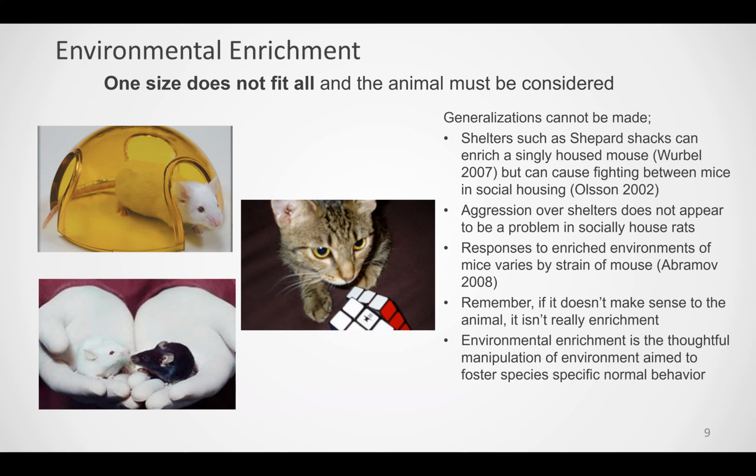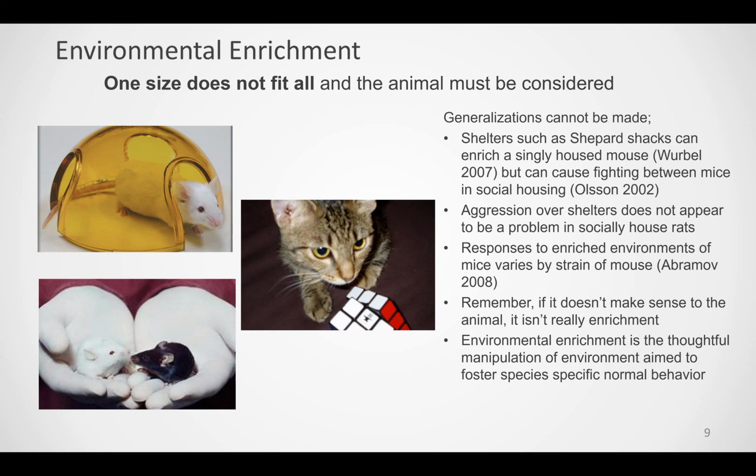Then we have other strains that if you have just one igloo in there with those strains, what will happen is they'll be fighting over it. So it doesn't work out well unless you provide more than one of those type of igloos or tunnels or something that will provide those animals their own place to go to get away from each other at times.